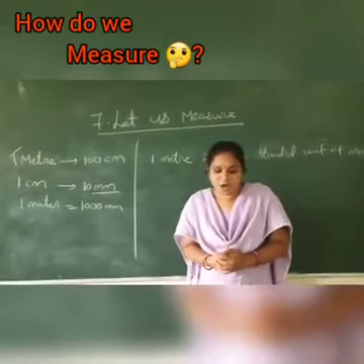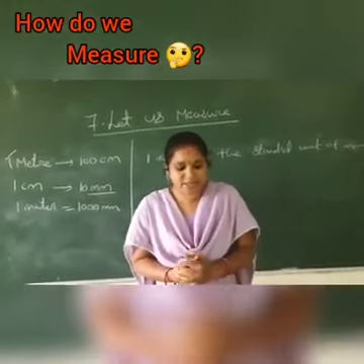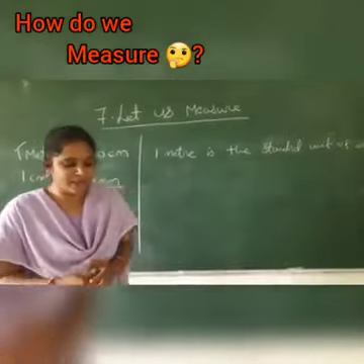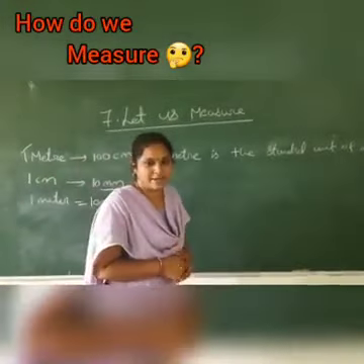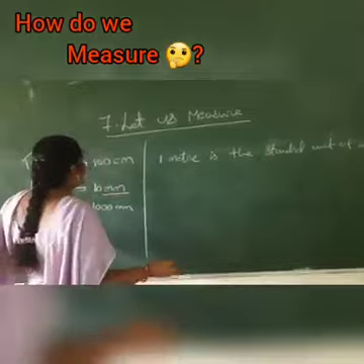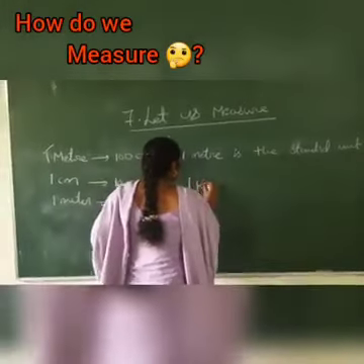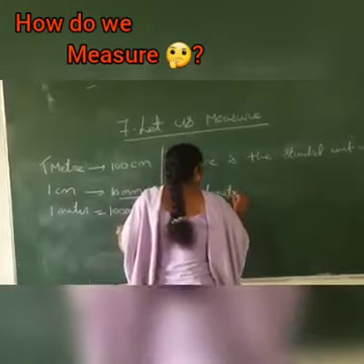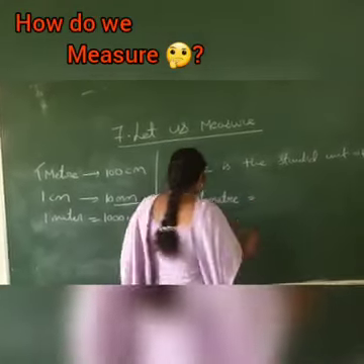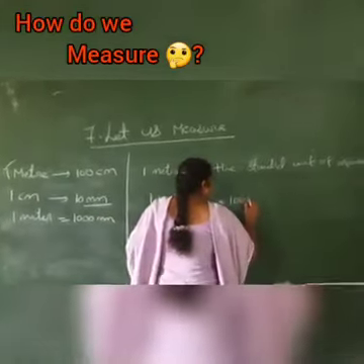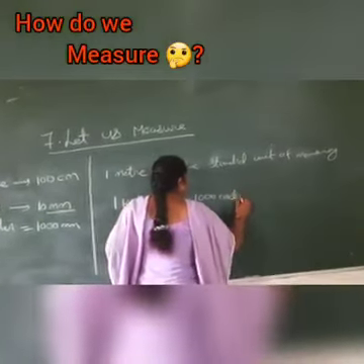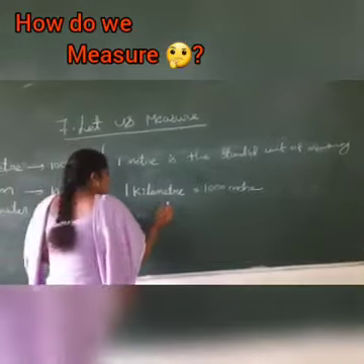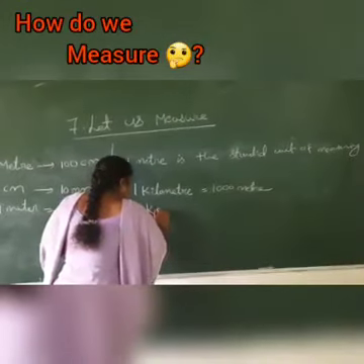Kilometer is 1000 times longer than a meter. So 1 kilometer equals 1000 meters. 1 kilometer is written as 1 km.